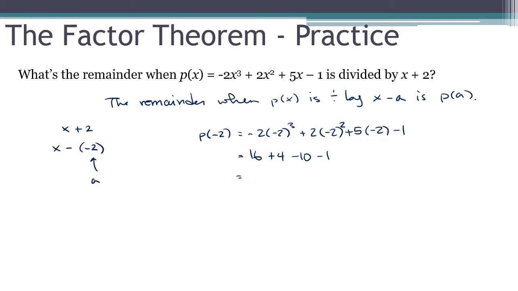Negative 2 to the third is negative 8, times negative 2 is plus 16. So this should be plus 8 minus 10. There we go. 16 and 8 is 24. Minus 10 is 14. Minus 1 is 13. And there's my answer. The remainder is 13.